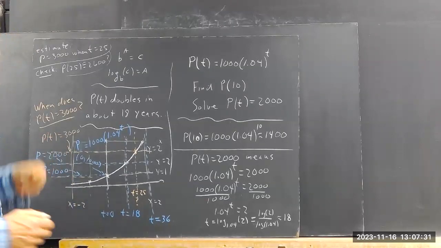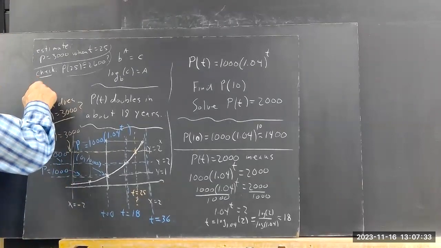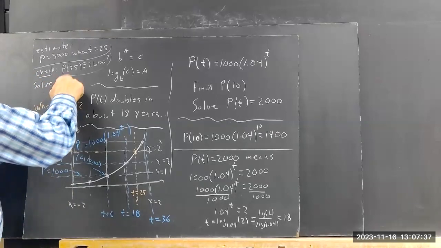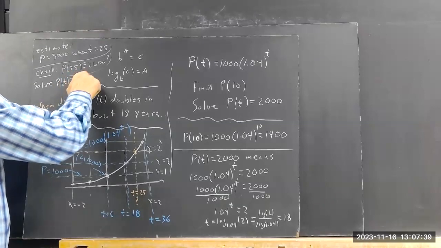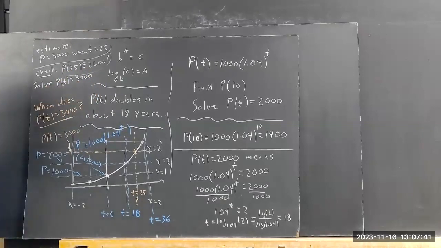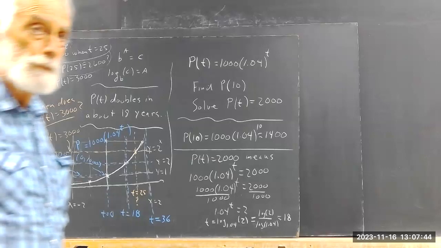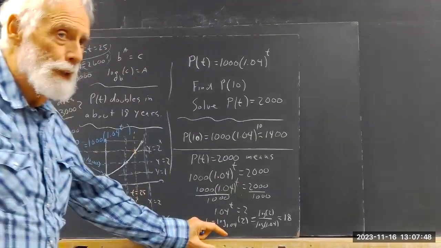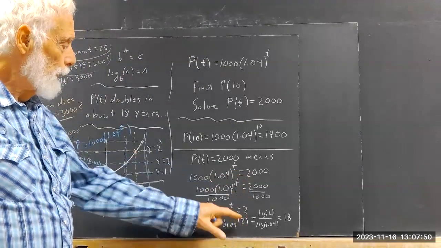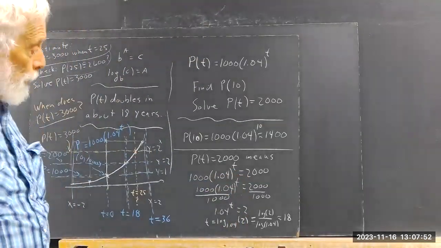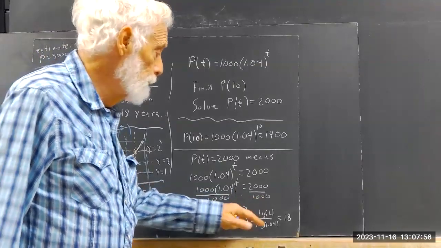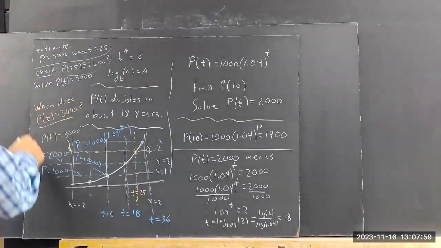Okay, so now solve P of T equals 3,000. Well, it's going to be just like this solution, except when you divide 3,000 by 1,000, you're going to get 3. So you're going to get the log of 3 over the log of 1.04.